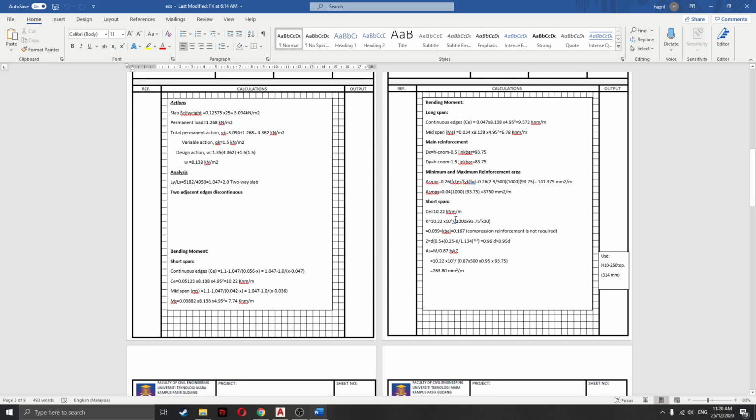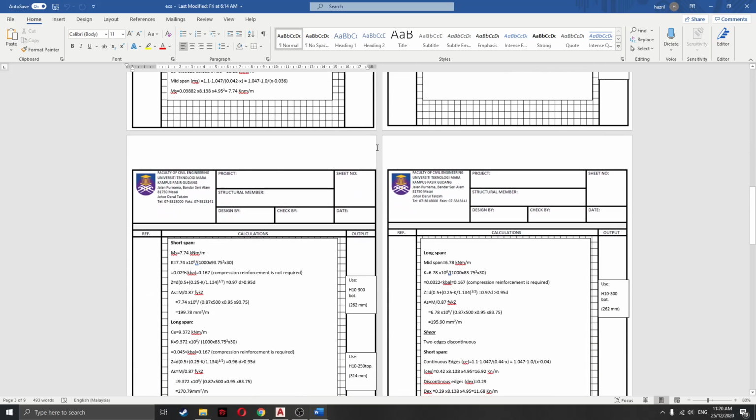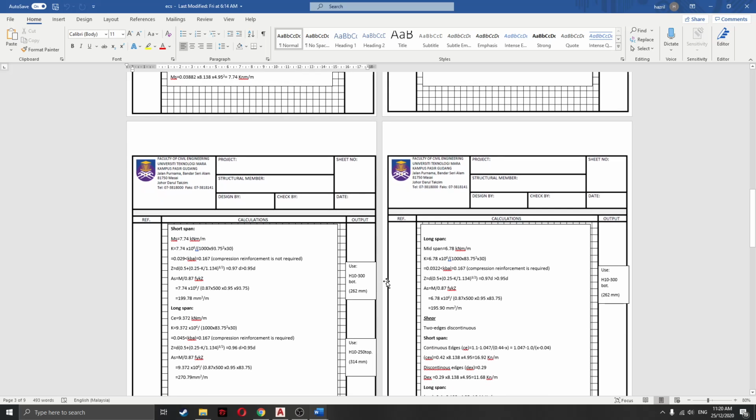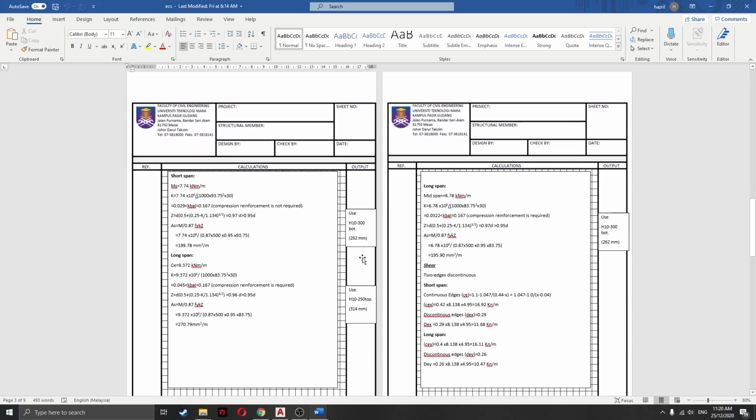Short span, I get 263.80 millimeter squared. I use H10 250 top, 314 millimeter plus ES min. Then 199.758 millimeter squared over m, I use 262 millimeter plus ES min.